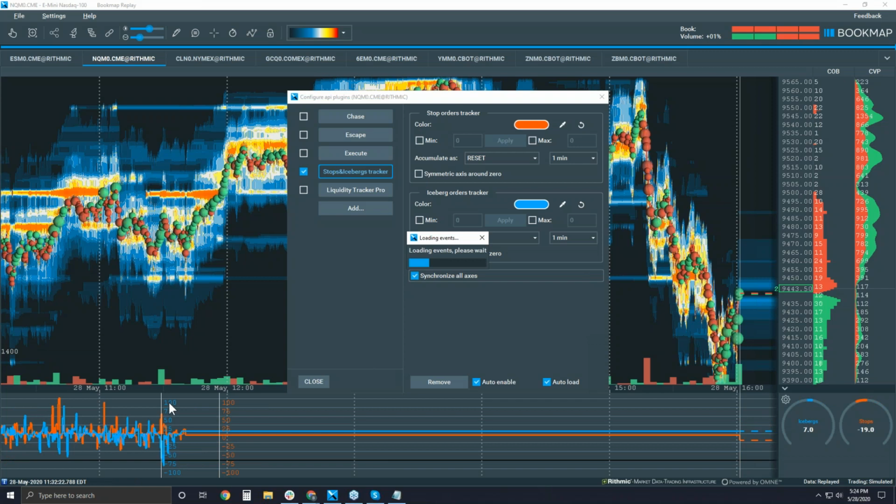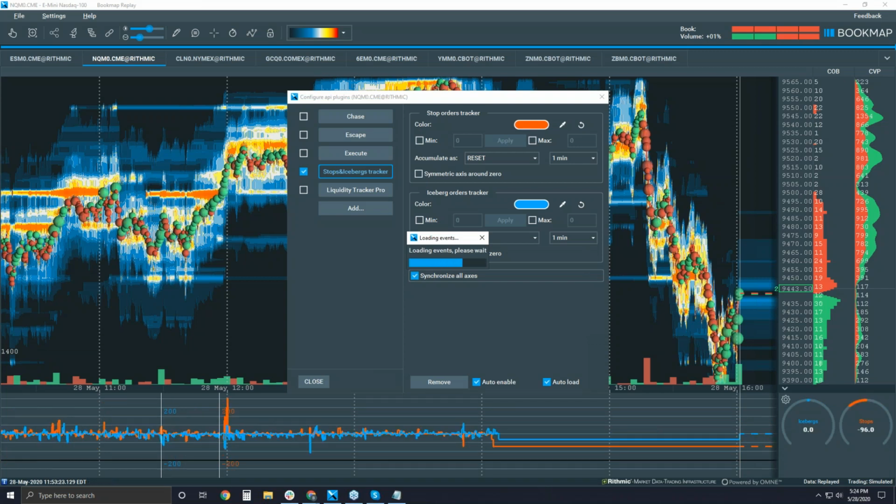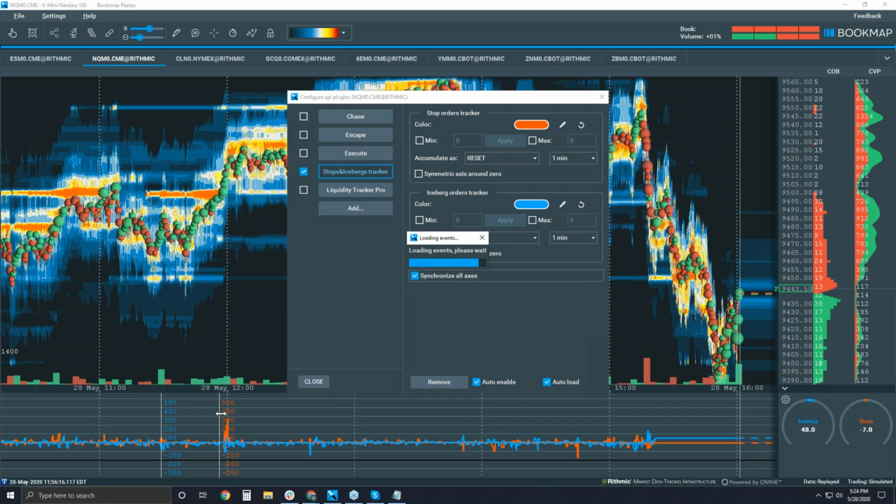Now you can see 100 here matches with 100, or 200 here matches with 200 on the icebergs. So stops and icebergs, you're looking at precisely the same numbers. If you also want them to be symmetrical around the 0 line, then check these 2 boxes here, and you'll get it.